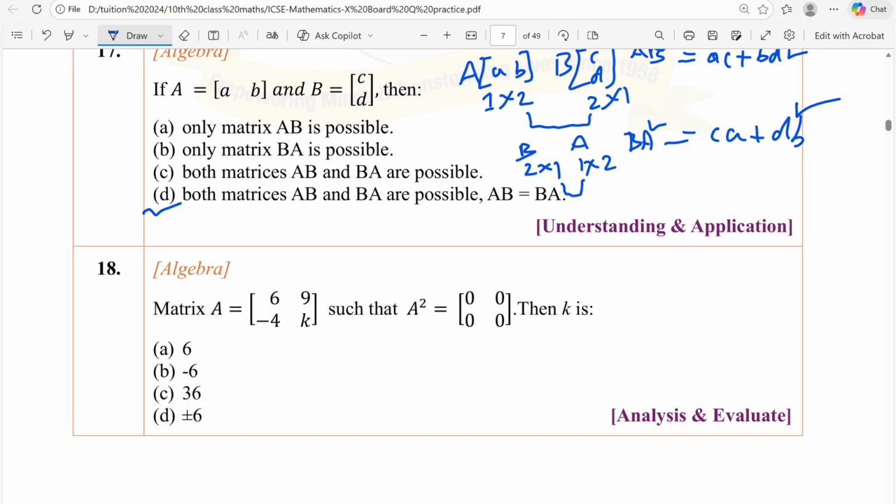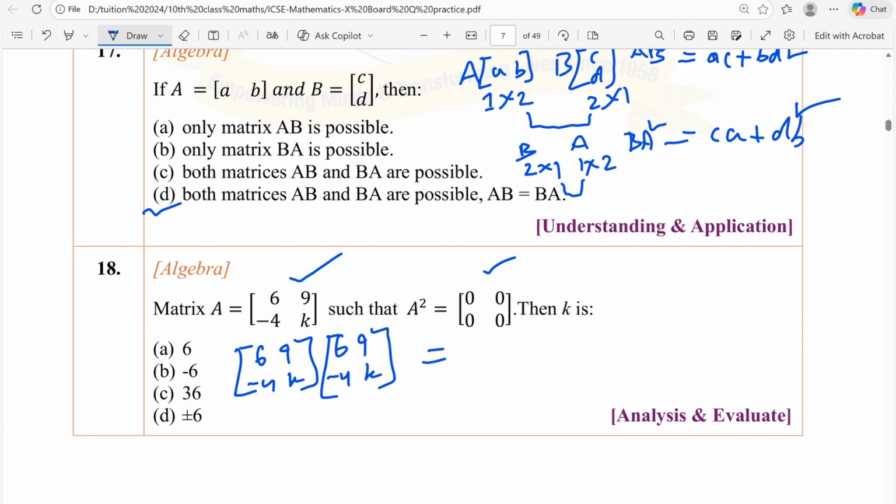Now question number 18. A is 6, 9, minus 4, k. A square is the 0 matrix, then find k. A square is your 6, 9, minus 4, k into this is also 6, 9, minus 4, k. This is the first row, first column, and first row, second column.